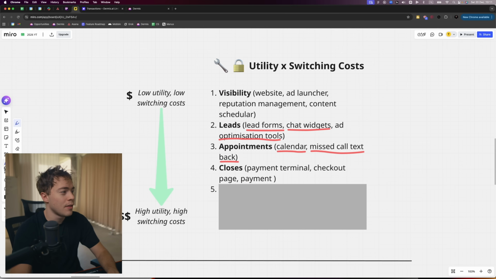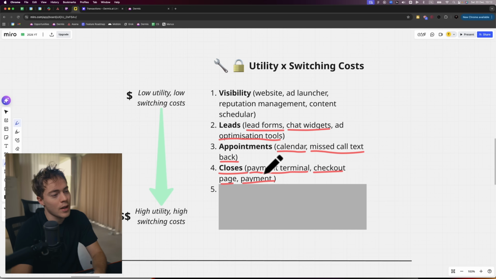Now, the next level of this is if you actually help them generate more sales, generate more closes. Okay, so this is why softwares that have an integrated payment terminal, so the software is the actual tool that is between their clients and your clients, a tool with a checkout page, some sort of payment gateway, softwares that do these things like Square.